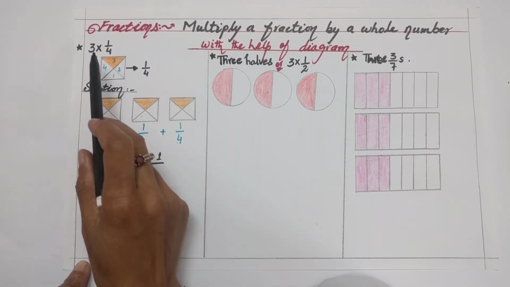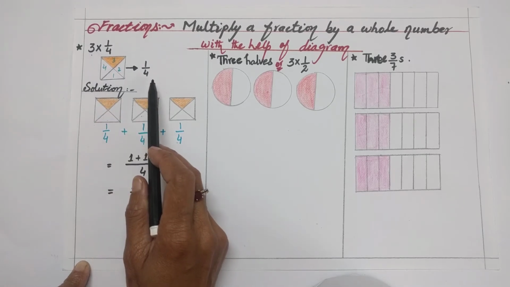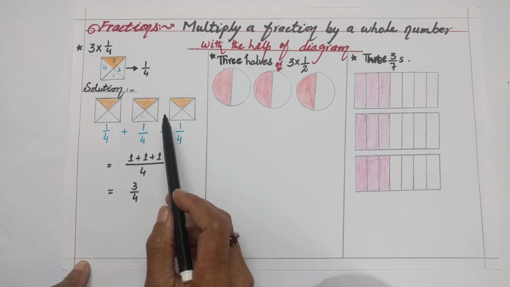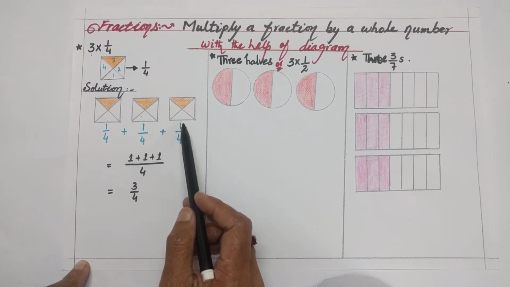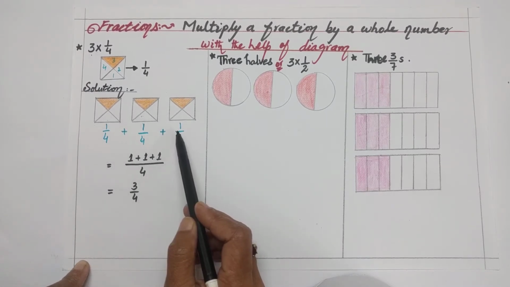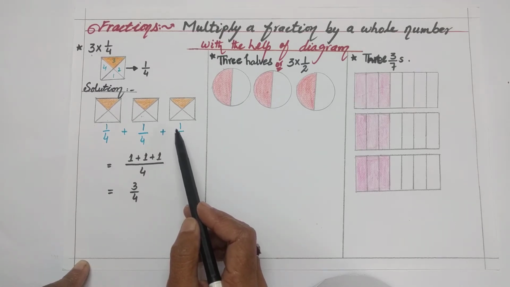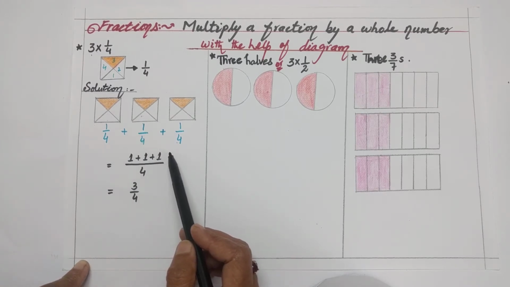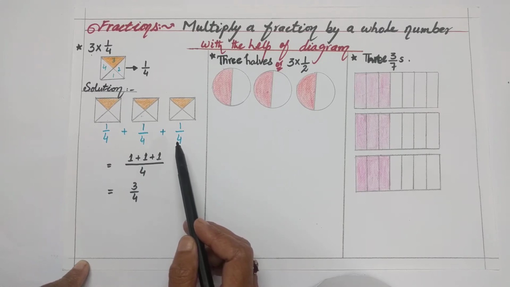You can also solve these examples directly without using the diagrams, because with the help of diagram you have to use repeated addition, and repeated addition is a lengthy process. Using repeated addition we have to repeat the number of the fractions again and again. So as a shortcut we can multiply the fractions directly with the whole number.